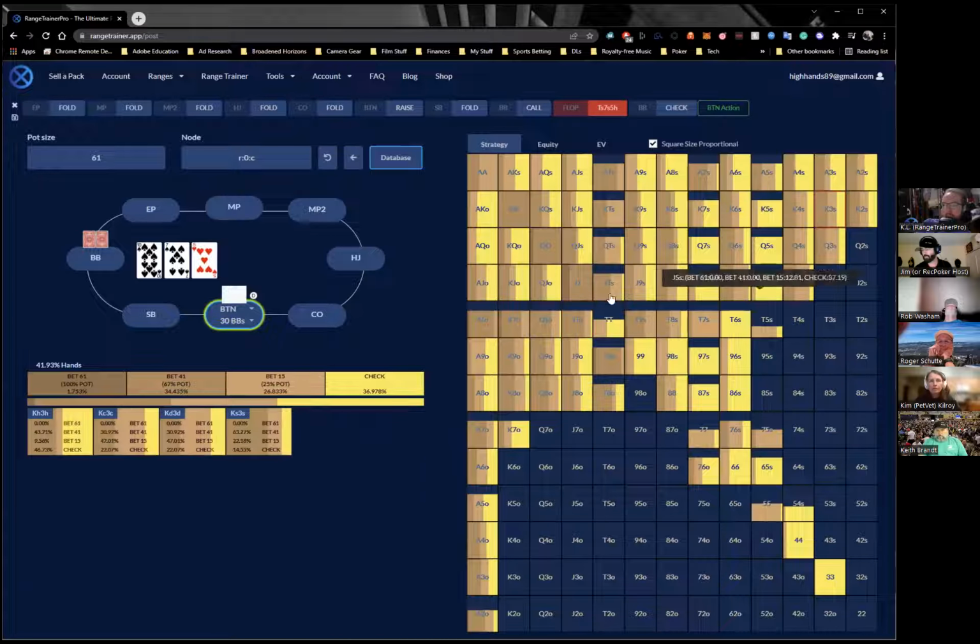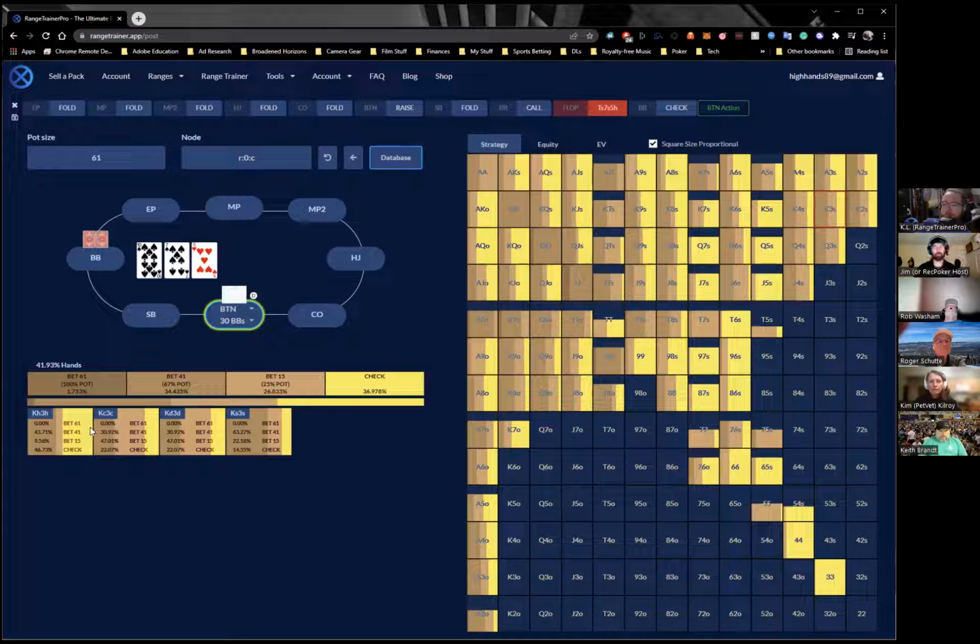Here's one. King 3 suited is nearly identical across every combo of King 3 suited, other than King 3 of hearts with the backdoor heart draw.